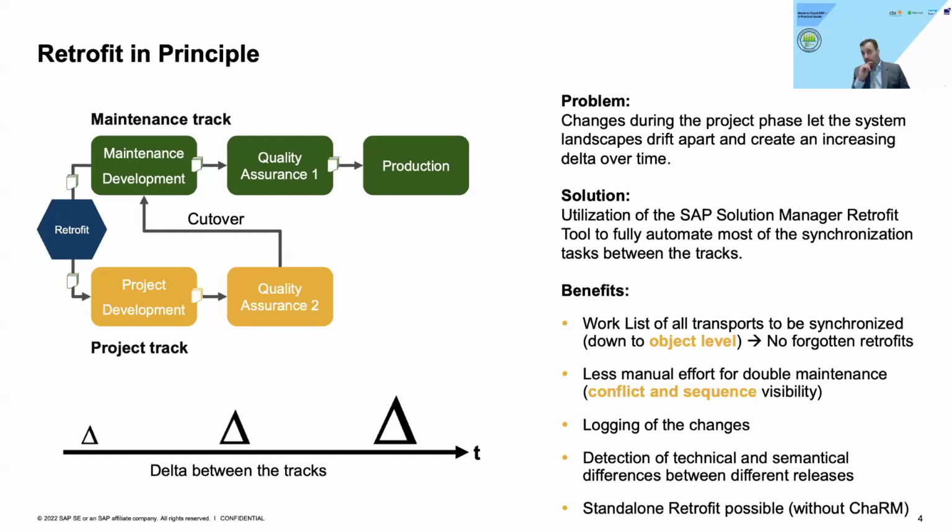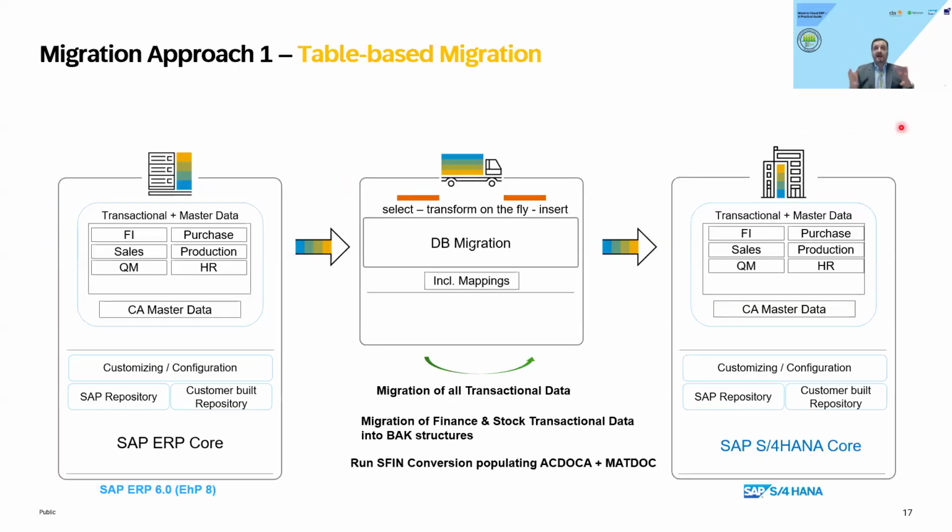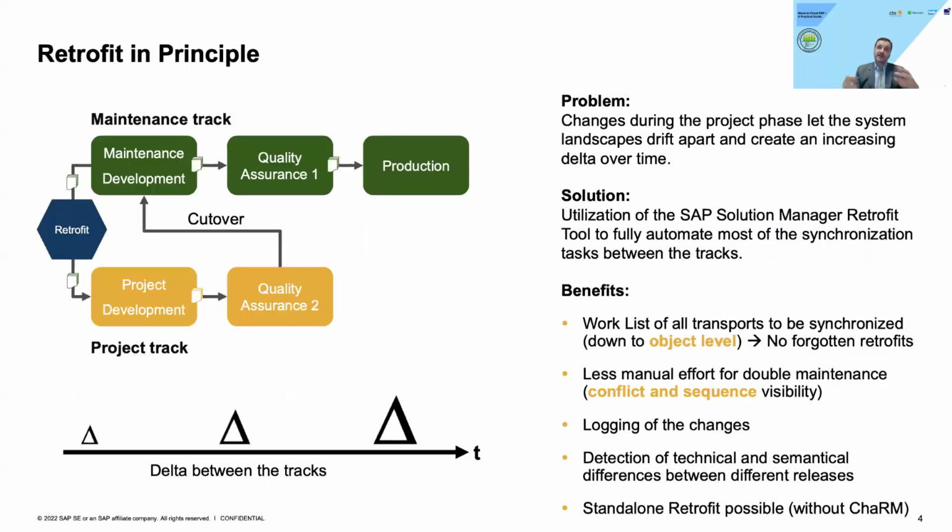Yeah. Okay. So at this stage, as Patrick described, you have created your new S/4HANA instance, and you need to keep the current landscape you have in SSC aligned with the new S/4HANA instance, because the migration project may have a duration of one year or six months, depending on the case. SAP offers a process called retrofit that could be managed by Solution Manager, or by sub-Solution Manager from Cloud ALM, that allows you to keep the two systems in sync.